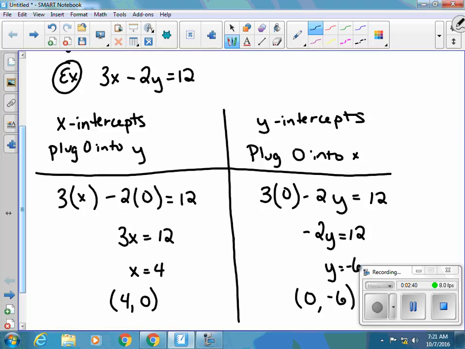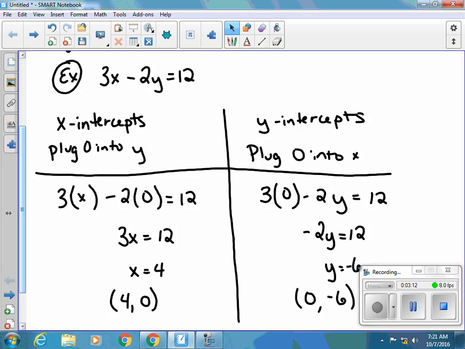So you have now found an x-intercept, which gives you a coordinate at (4, 0), and a y-intercept at (0, -6), and you can graph those 2 points and connect them. I didn't have to rearrange that standard form equation at the very top and change it into slope-intercept form. I just needed to find the x and y intercepts in order to graph my line.